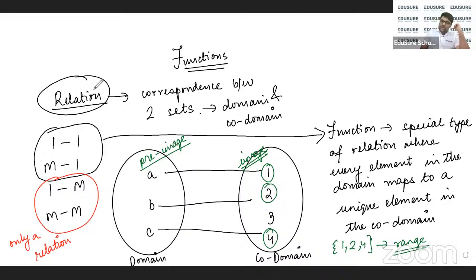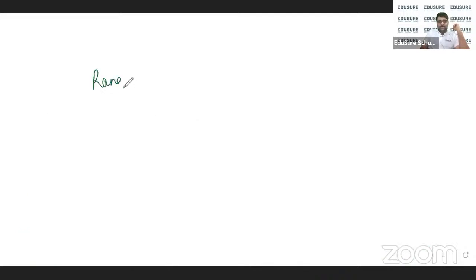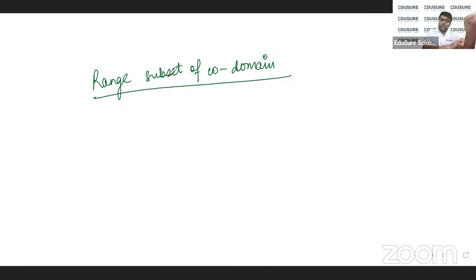So, as many of you have already pointed out, range is always a subset of codomain. And basis this definition, whether range is equal to the codomain or not gives us something called into onto function.